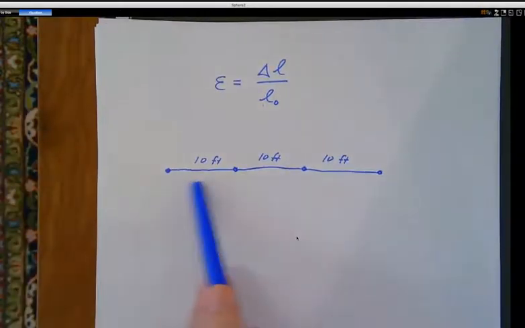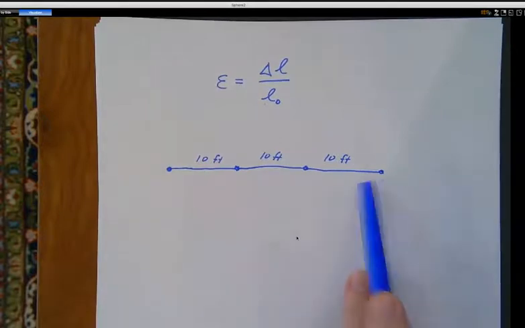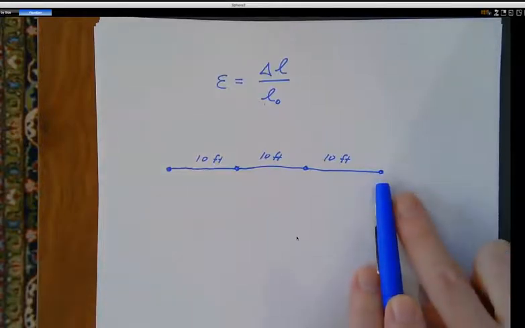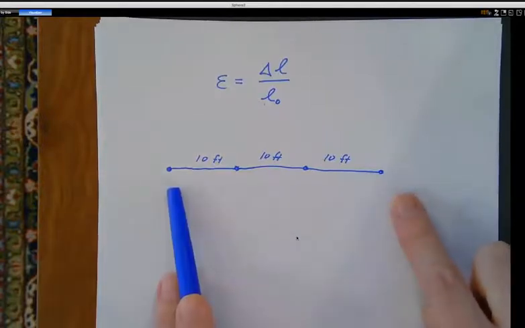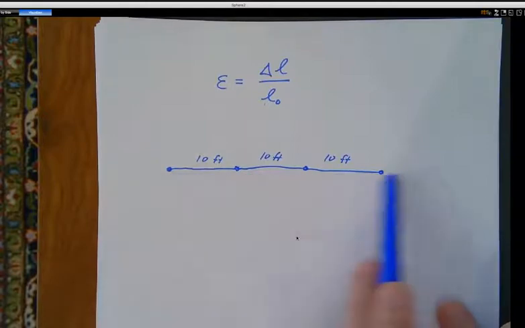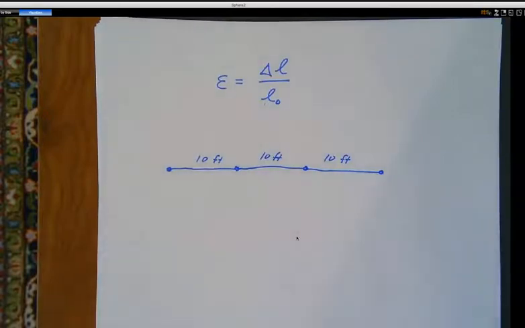And I'm looking at that fiber optic cable from the center of the foundation, or the center of the edge, off to that point where it's locked in 30 feet away. So this is L0, 30 feet. That's the original positioning of that cable.